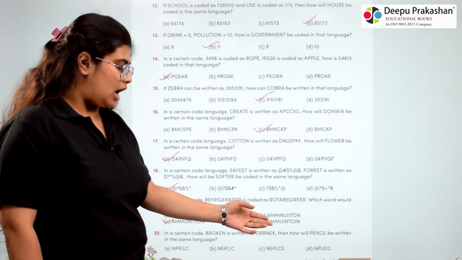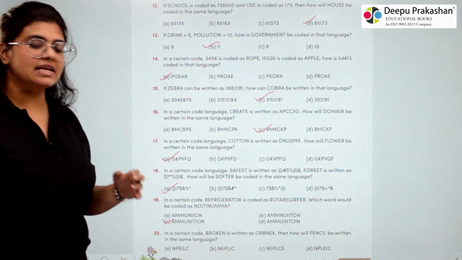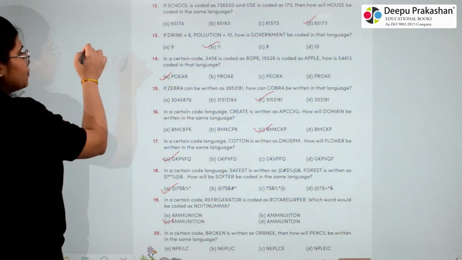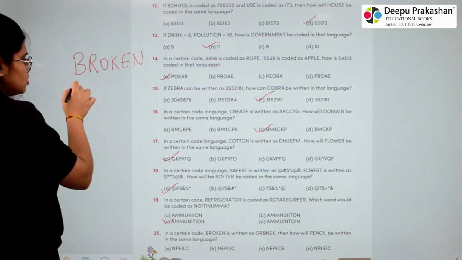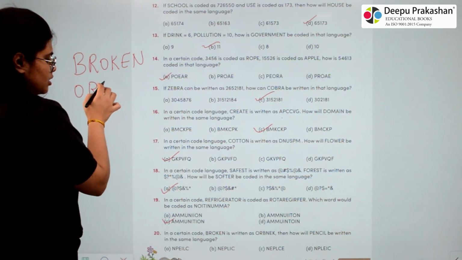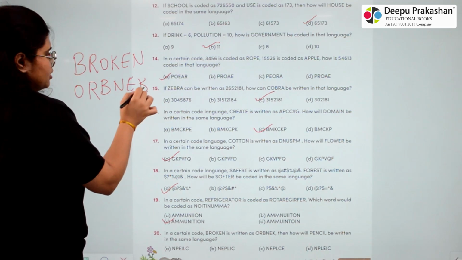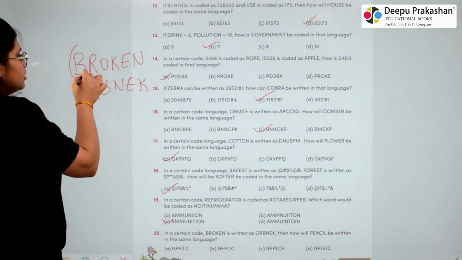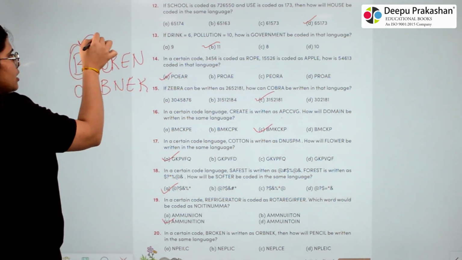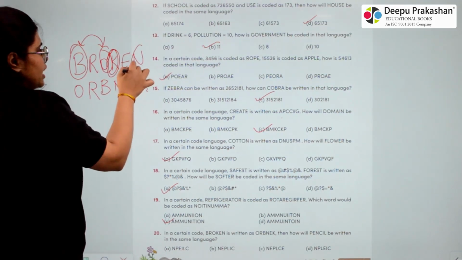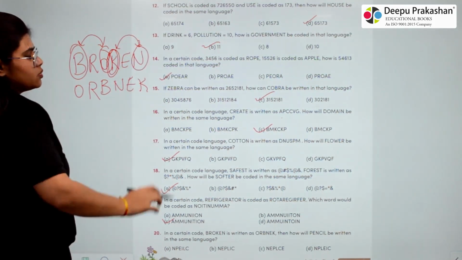20. In a certain code, broken is written as ORBNEK. Then how will pencil be written in the same language? So here broken is written as ORBNEK. That means here first and third letters are switched, then fourth and sixth letters are switched.